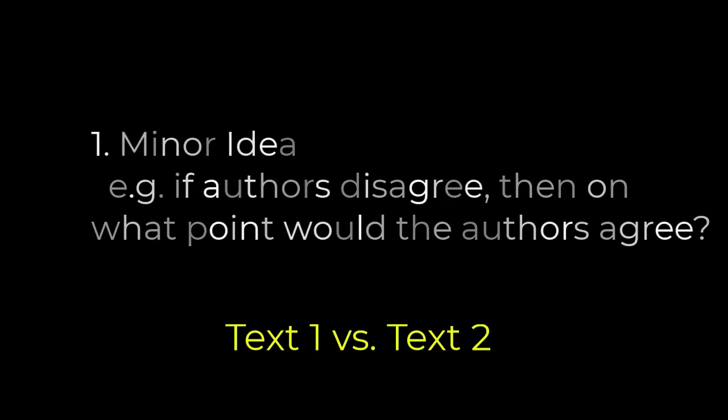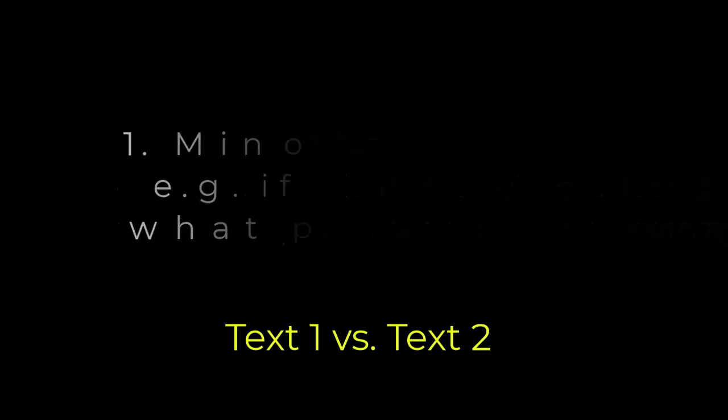It would never be the main idea because they disagreed on that. It would always be some weird minor point that really wasn't something as opinionated as the main idea, and it certainly wasn't the main idea. So we're going to take a look at those examples, which still exist on the new version of the exam.